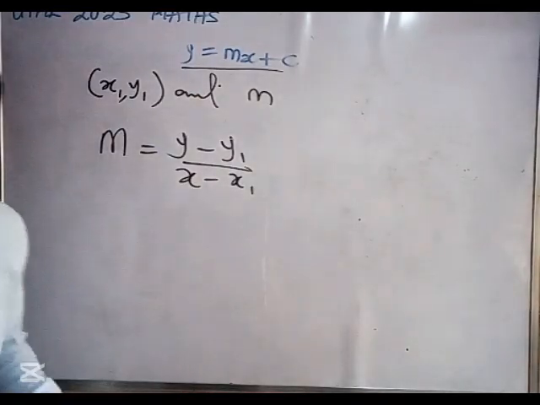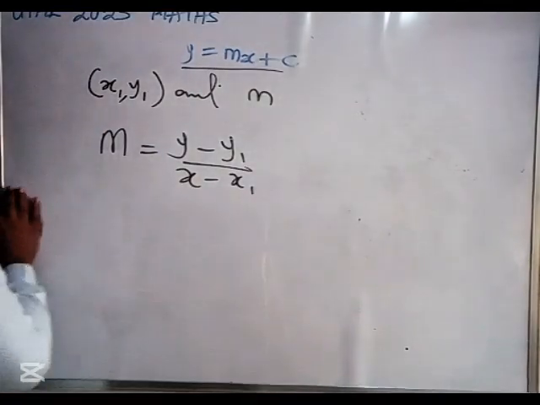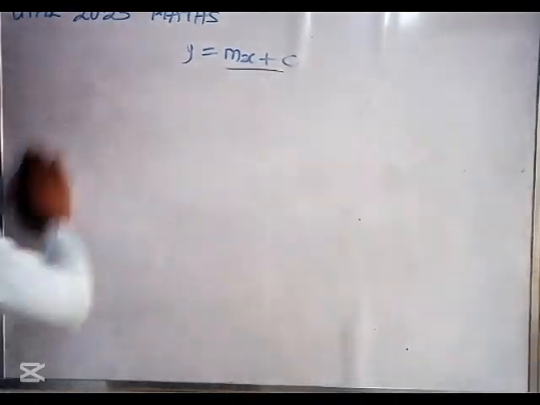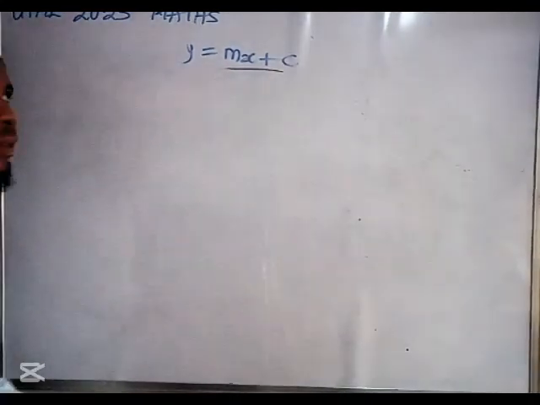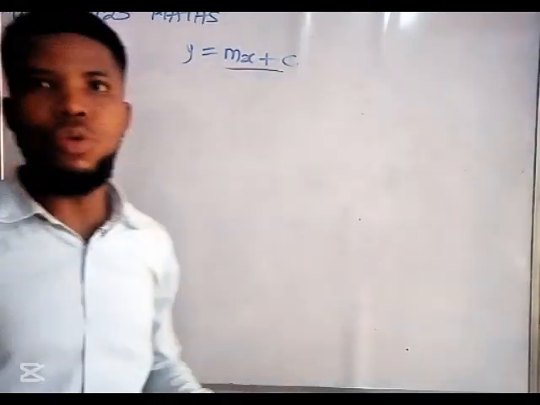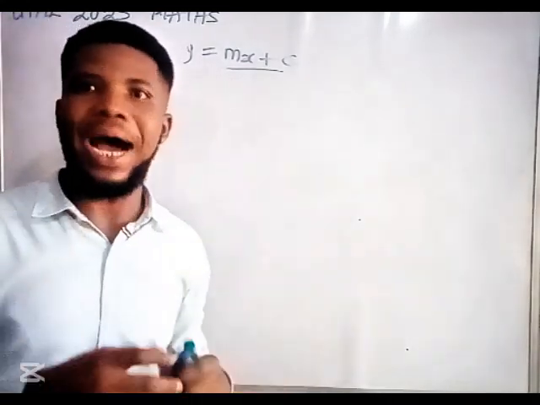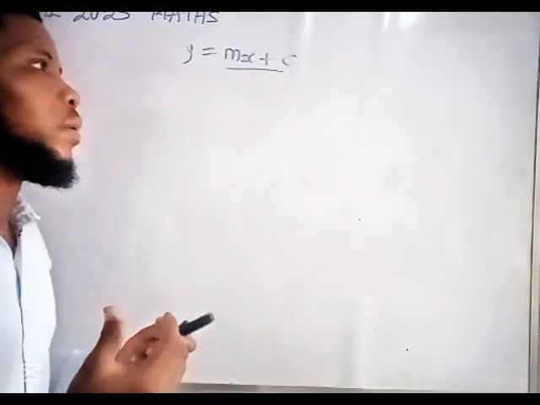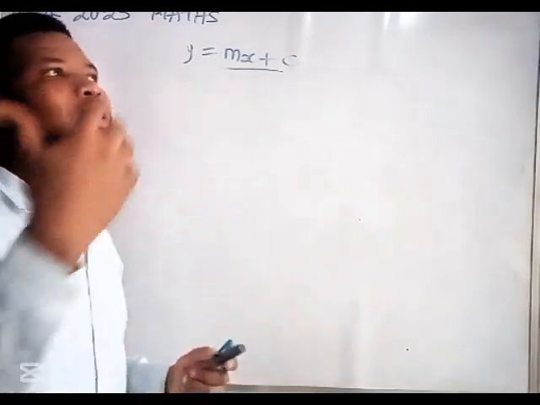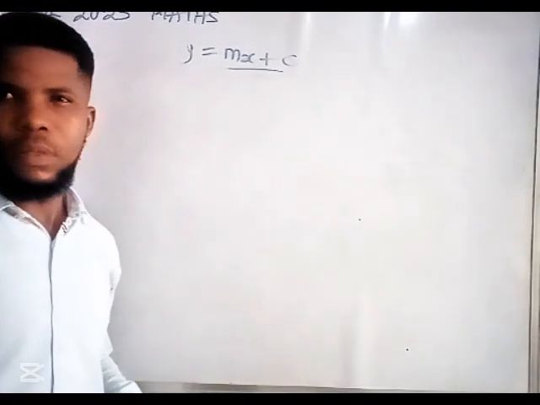So now the next case is the case when you have, let's say, a straight line, alright? The equation of the straight line is given, and you are asked to find the equation of another straight line. You understand me?